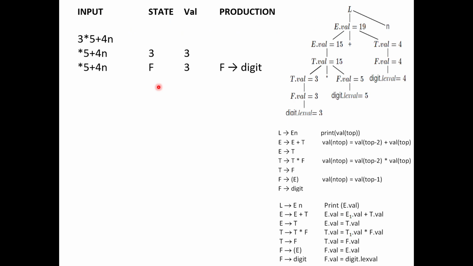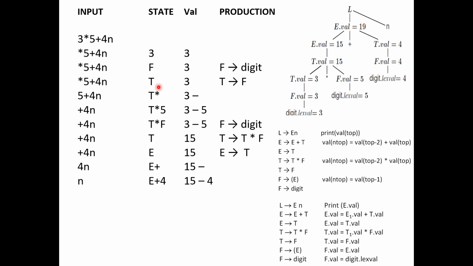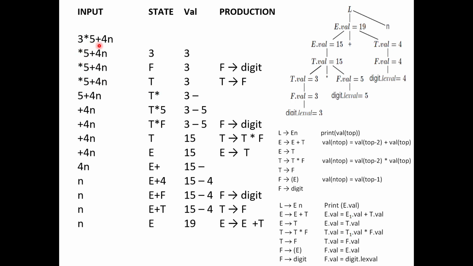In the next example, this is the example shown in your textbook. Here they are trying to evaluate 3 star 5 plus 4n, that is 3 star 5 is 15, 15 plus 4 is 19.